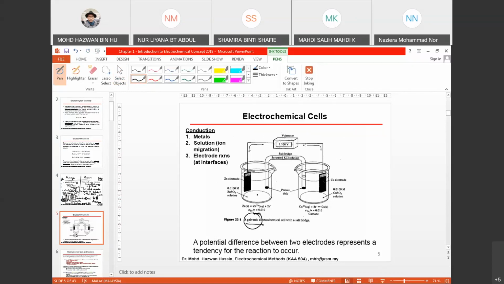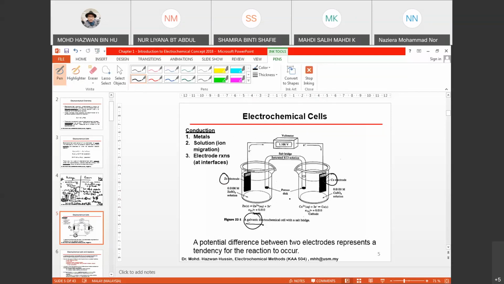Because you can see the two electrodes are not the same. It uses zinc at one side and copper at the other side, and the electrolyte used is separated. This is another feature of a galvanic cell, because copper is immersed in copper salt solution, meanwhile zinc is immersed in zinc salt solution.